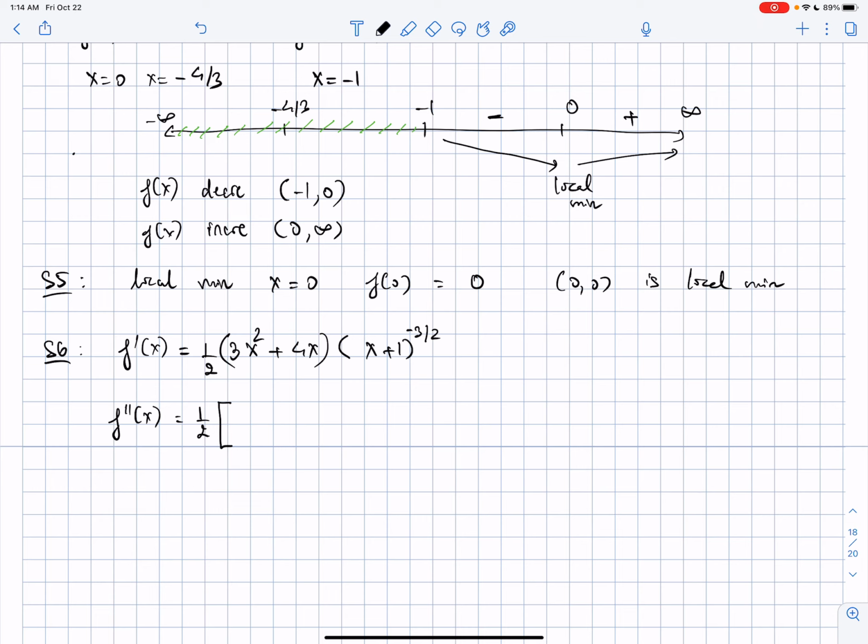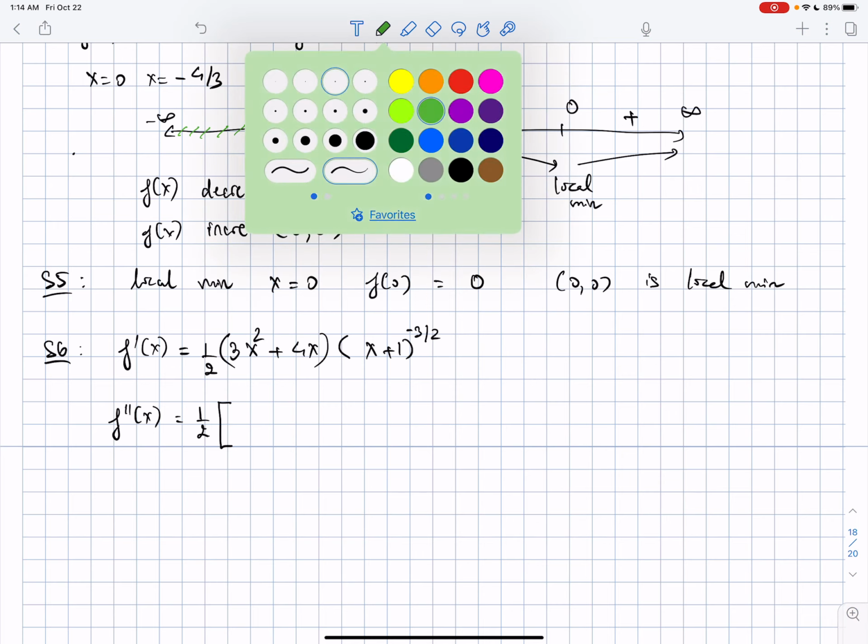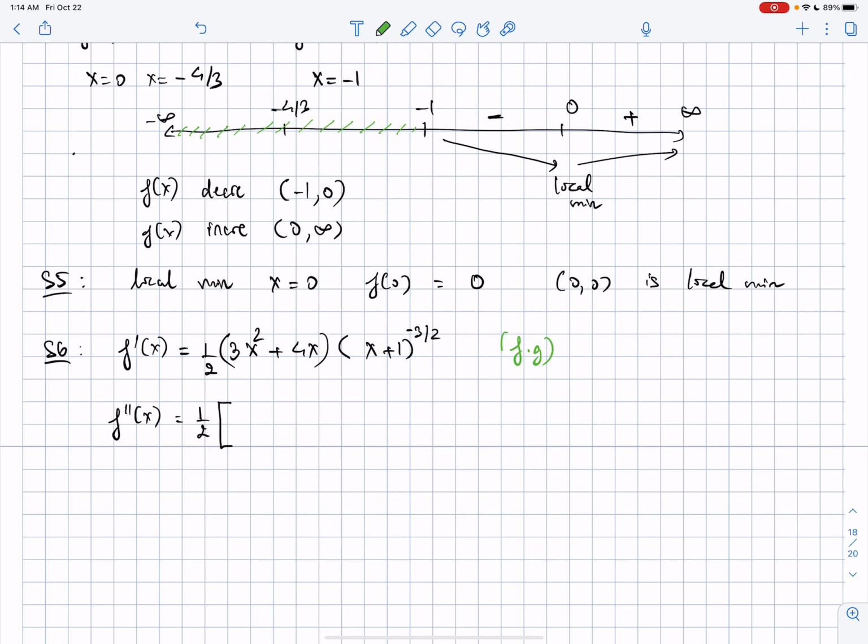Then we will take the derivative of, I'm going to use this formula: (f times g)' is equal to f prime times g plus f times g prime. Okay, so what is our f is this one, and g will be this.